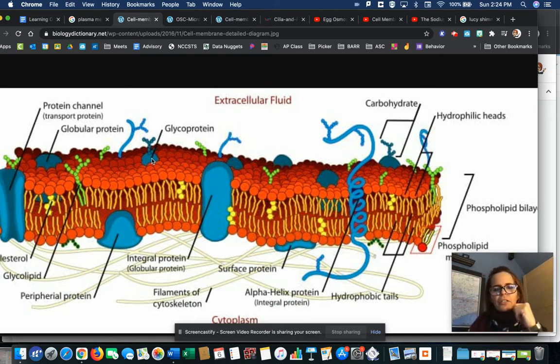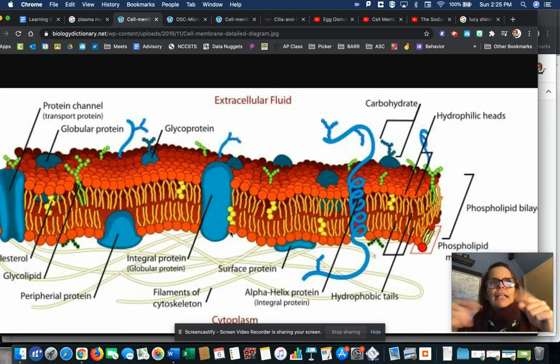Hey, this is also a good image for me to show you that hydrophilic, hydrophobic thing I was talking about. In this embedded protein right here, this part of the protein is going to be hydrophobic, at least on the outside. This part here is going to be hydrophilic, and that's why it sits the way it does in the cell.